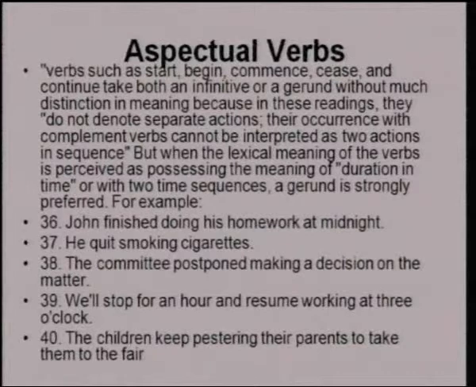He quit to smoke cigarettes is not accepted. The committee postponed making the decision on the matter. We'll stop for an hour and resume working at 3 o'clock. So these verbs only accept gerund, because they refer to a duration of time.